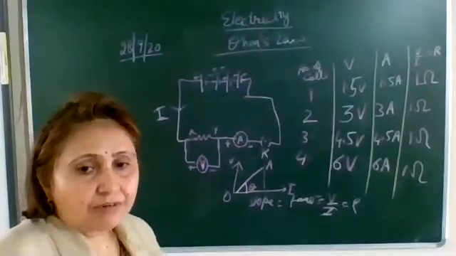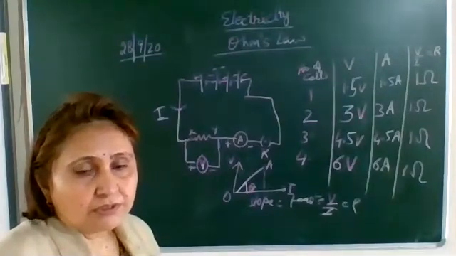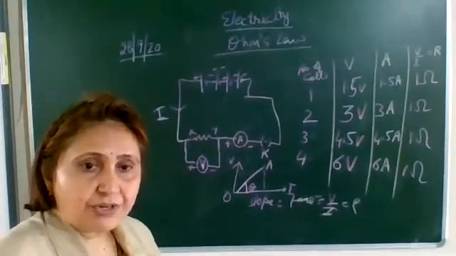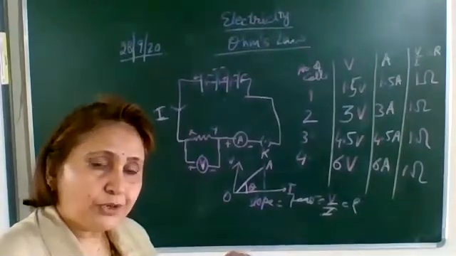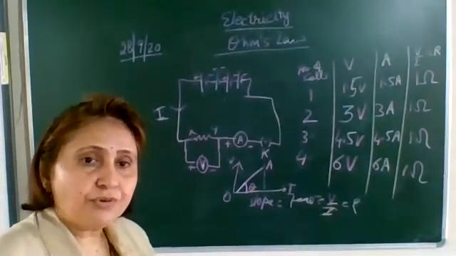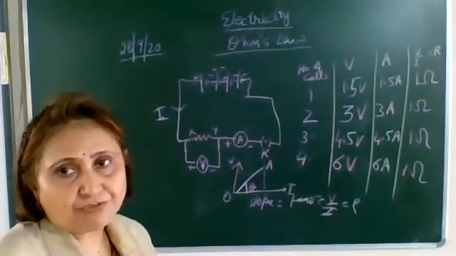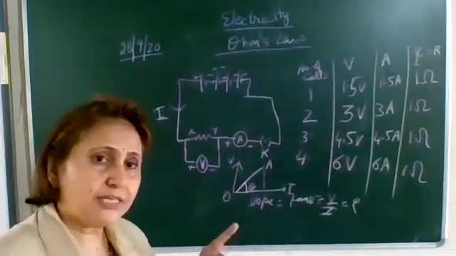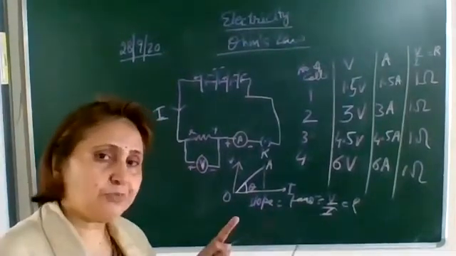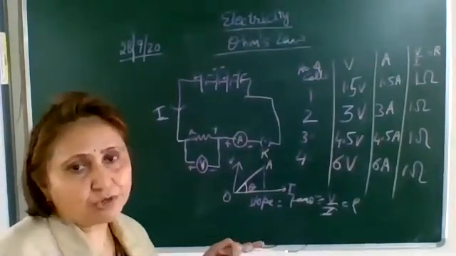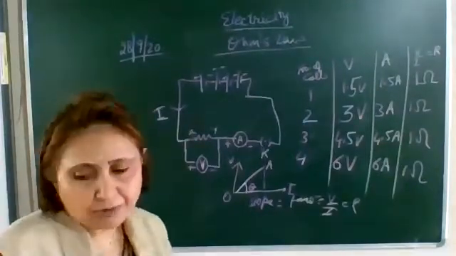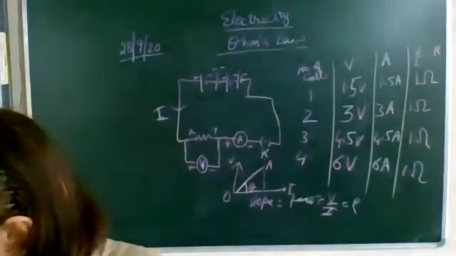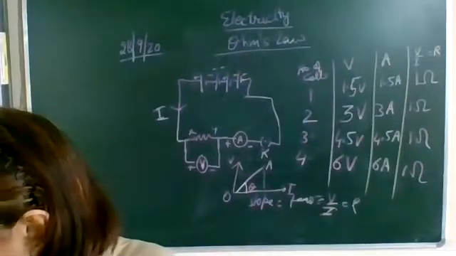How can you define 1 ohm? 1 ohm is the resistance of a conductor when 1 ampere of current produces a potential difference of 1 volt across the ends of the conductor. How much current is flowing? 1 ampere. How much potential difference is it producing? 1 volt. So 1 ohm is equal to 1 volt upon 1 ampere. So this is how we define the resistance.